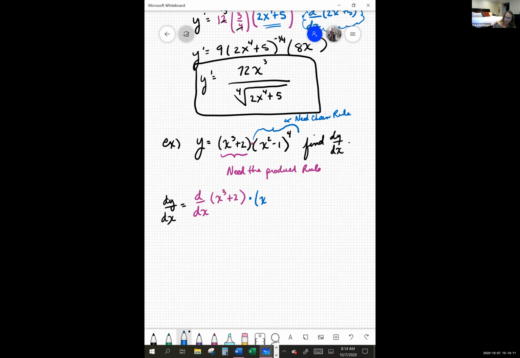We're just going to multiply it by x squared minus 1 raised to the 4th. Plus the first function, x cubed plus 2, times the derivative of the second, d dx of x squared minus 1 to the 4th.